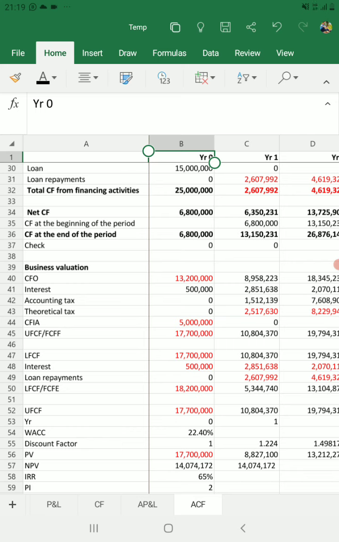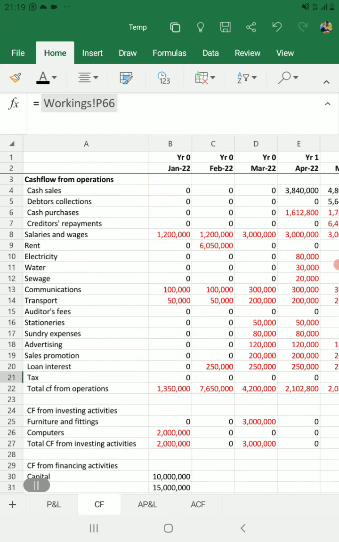For us, year 0, if we go to, say, the monthly cash flow figure here, year 0, we took it to be January up to March, where our business was at pre-operating period, the setup period. We have not yet started to generate sales.